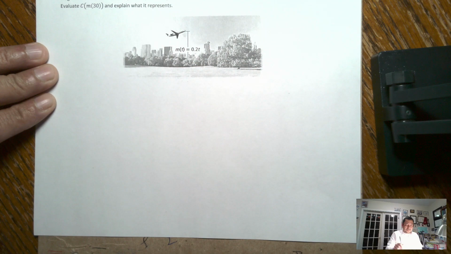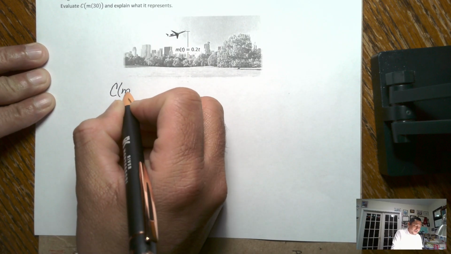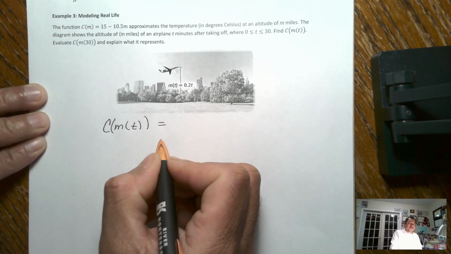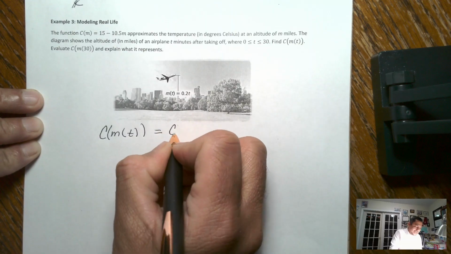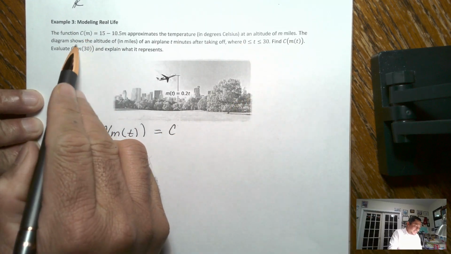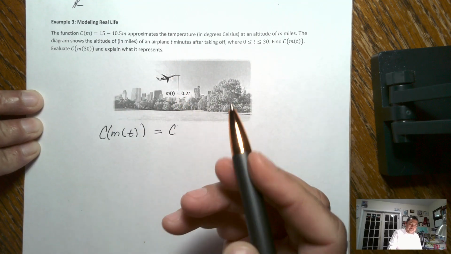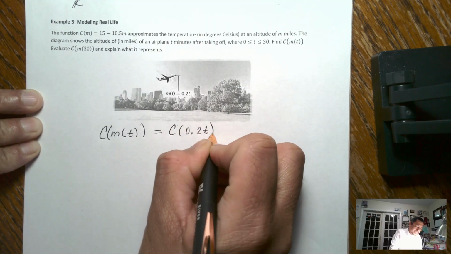Okay, so I'm going to start with my function. So I have C of m of t, which is equal to, in this case, C of m of t, where m of t, as we had it here, is 0.2t.